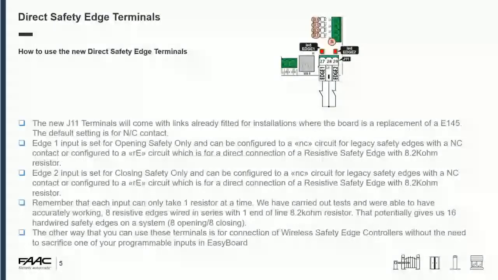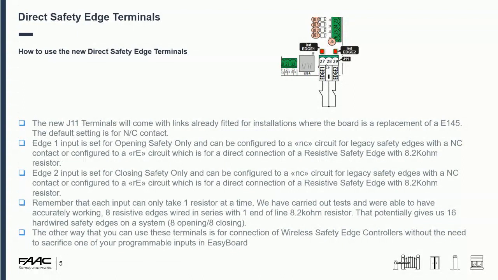But we have carried out internal tests ourselves, and we were able to get a minimum of 8 safety edges wide, all in series together. If I remember correctly, they're all 1.7 meter safety edges, all with 2 meters of leads coming out of them, with one end of line resistor, and the system was able to work correctly and do everything as it was meant to do.